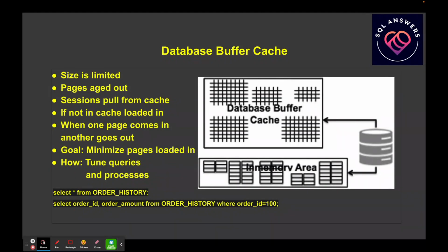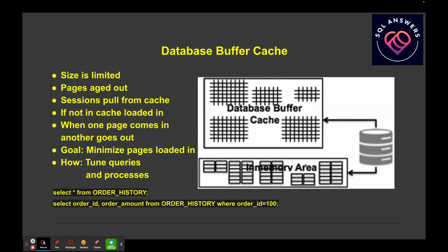Sessions pull from the cache. They don't pull directly from the disk in a database. Every page that gets returned to a user session actually has to come out of the buffer cache, and if it's not in the buffer cache, it has to be loaded from disk. So it's bad when something gets aged out of the buffer cache because it's not going to be eligible to be returned to a user session.